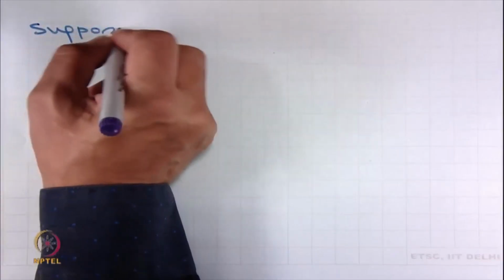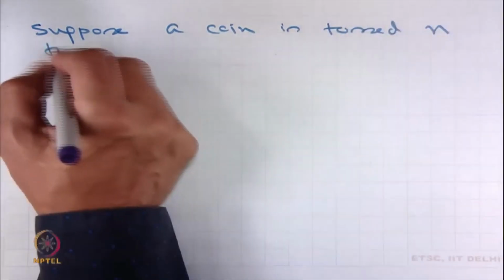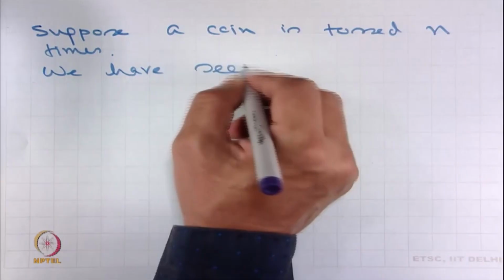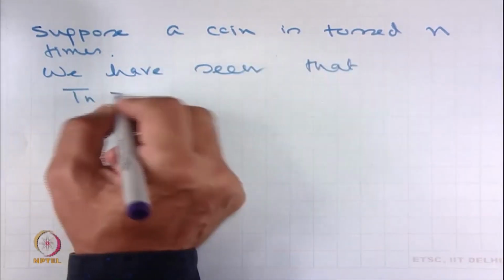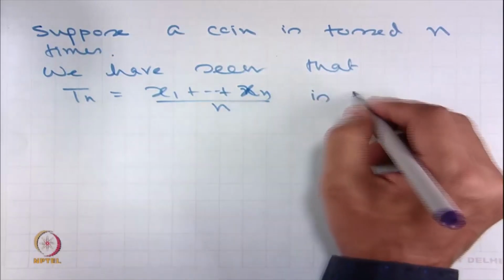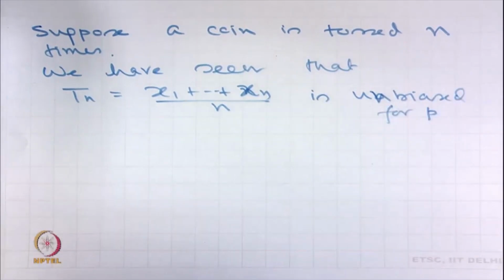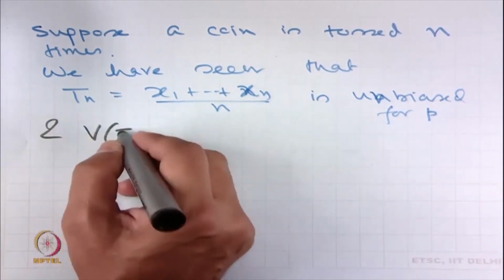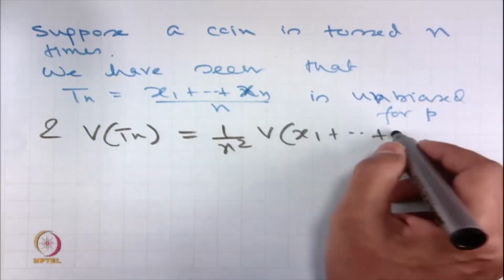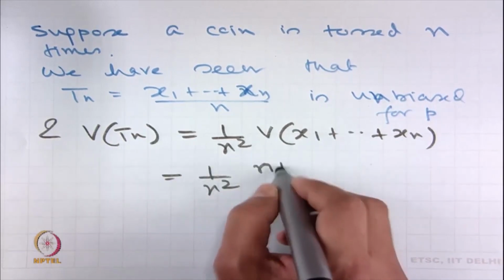Suppose a coin is tossed n times. We have seen T n is equal to x 1 plus x n by n is unbiased for p, and variance of T n is equal to 1 by n square into variance of x 1 plus x 2 plus x n is equal to 1 by n square into n p q.